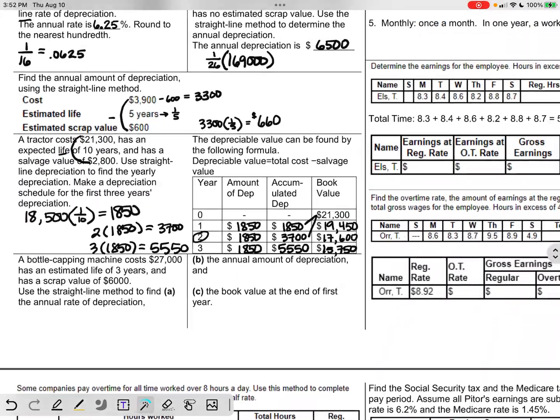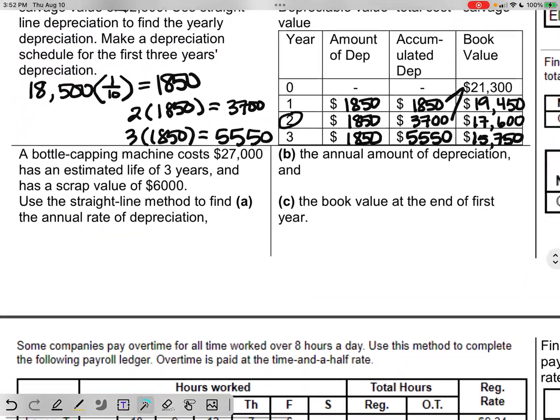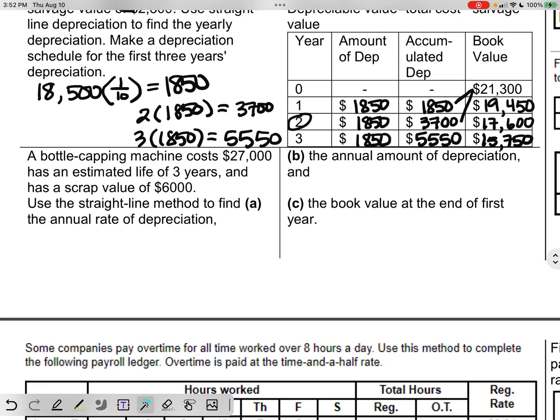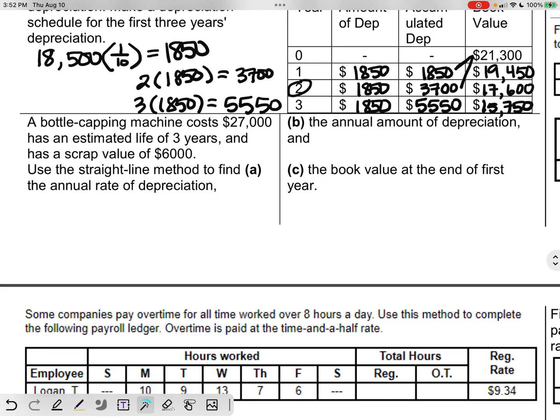Okay. This is the last one because now we move to payroll next. A bottle capping machine costs $27,000. It has an estimated life of 3 years and has a scrap value of $6,000. All right, so take these two numbers, subtract.